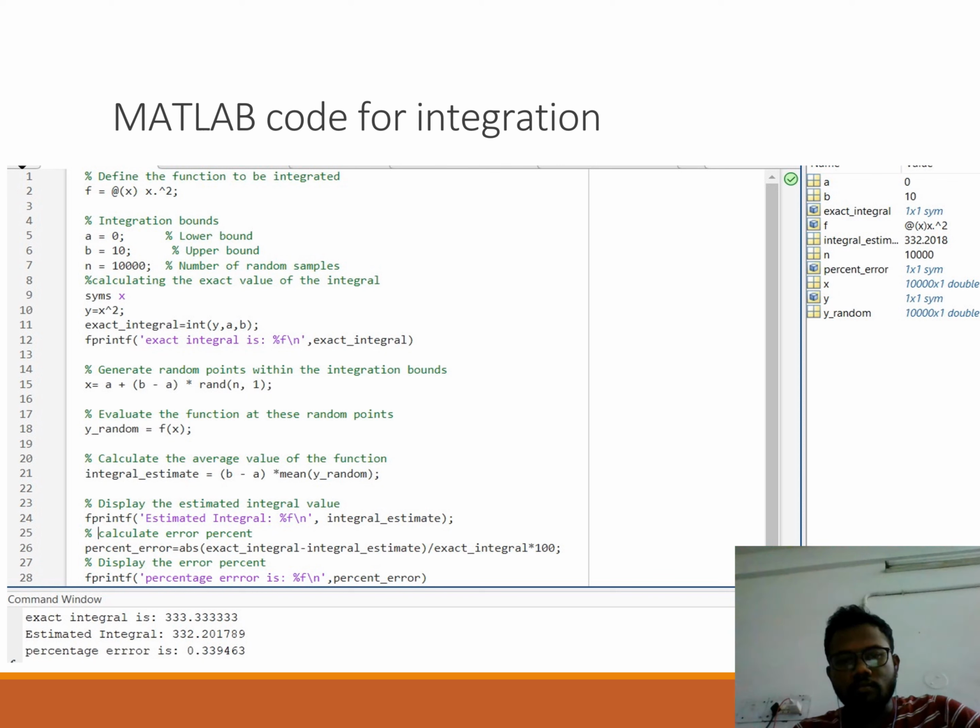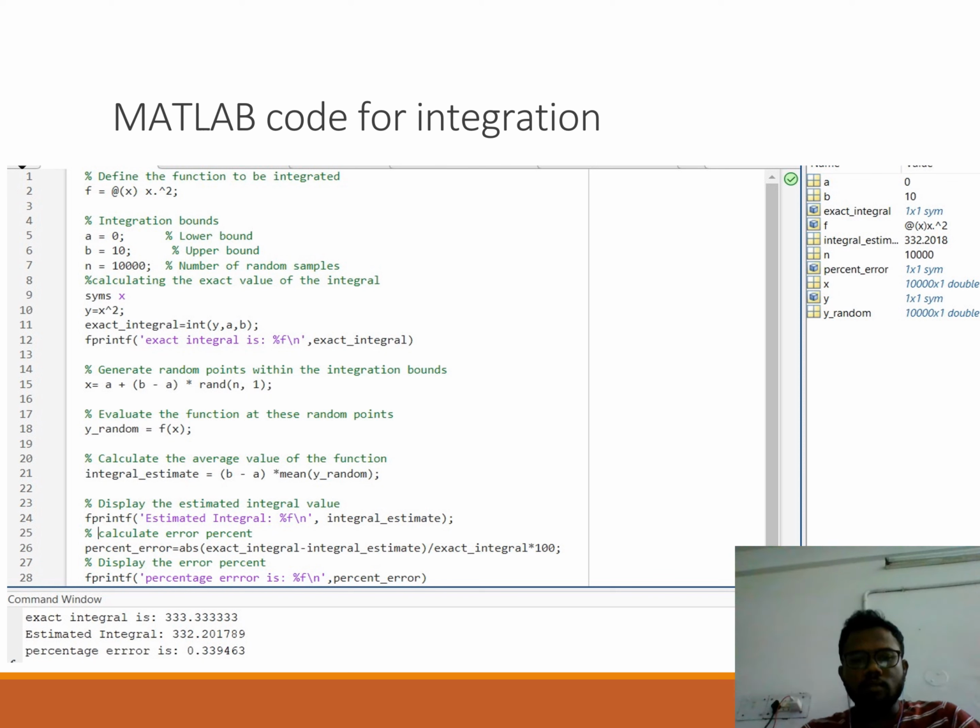Then we evaluate the function at these random points within the bound a to b, that is y_random = f(x). Now we calculate the average value of the function, that is (b - a) * mean(y_random). That is, we estimate the value of the integral. This is our estimated integral.